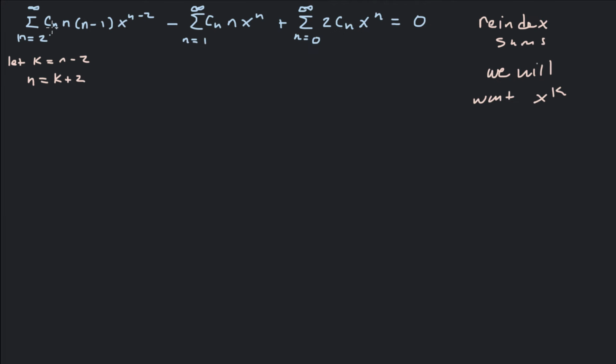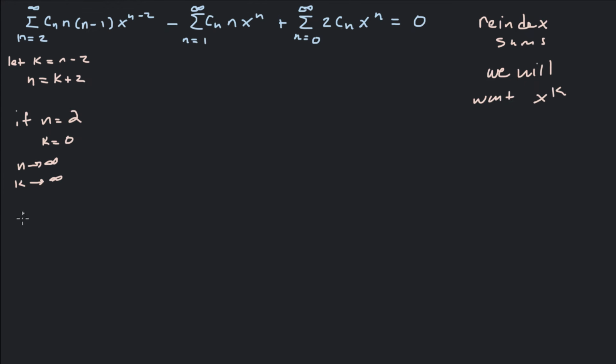So this is going to be the same case here. If n equals 2, plugging that into our substitution, 2 minus 2, we get k equals 0. If n goes to infinity, then k also goes to infinity. So that's going to be our re-indexing for the first series.